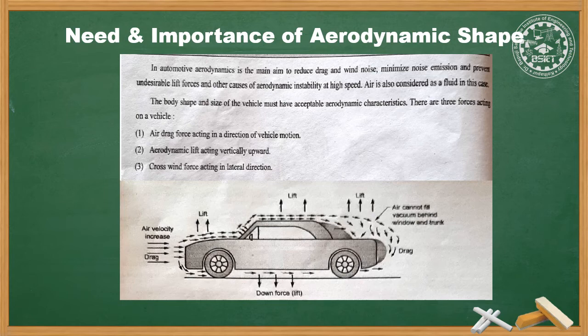This drag force opposes the motion of a vehicle. Second is aerodynamic lift force acting vertically upward. The lift force that tends to lift the vehicle in upward direction is an aerodynamic lift force. And third, crosswind force acting in lateral direction that cannot be seen in the figure given below.